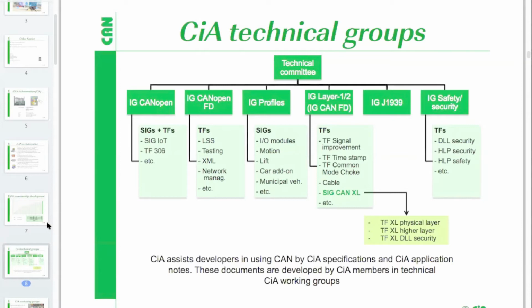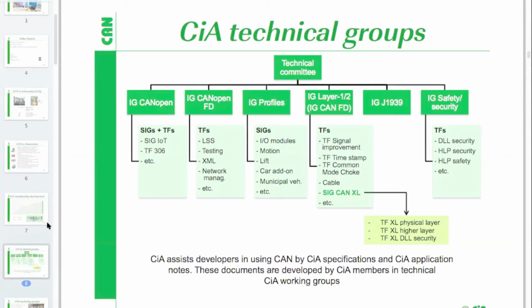There are plenty of specifications on this topic, and this slide should give you just a basic overview of where we are. We also have IG J1939 technology, also CAN-based, where we specify profiles and CANopen mapping to J1939 networks and protocols.